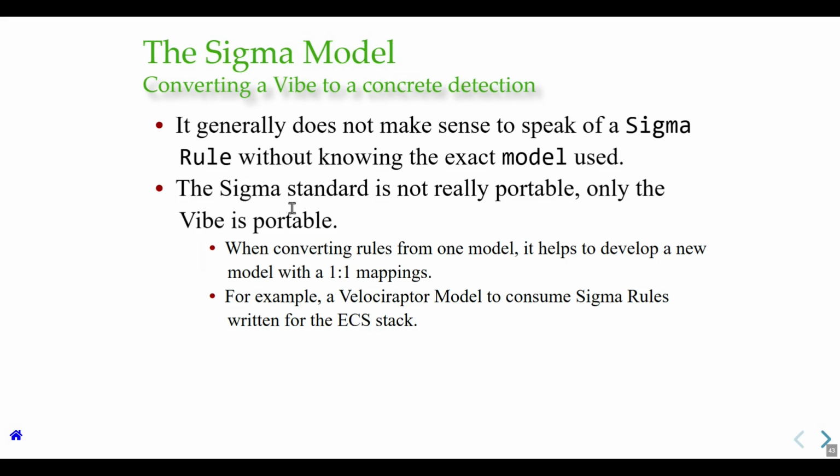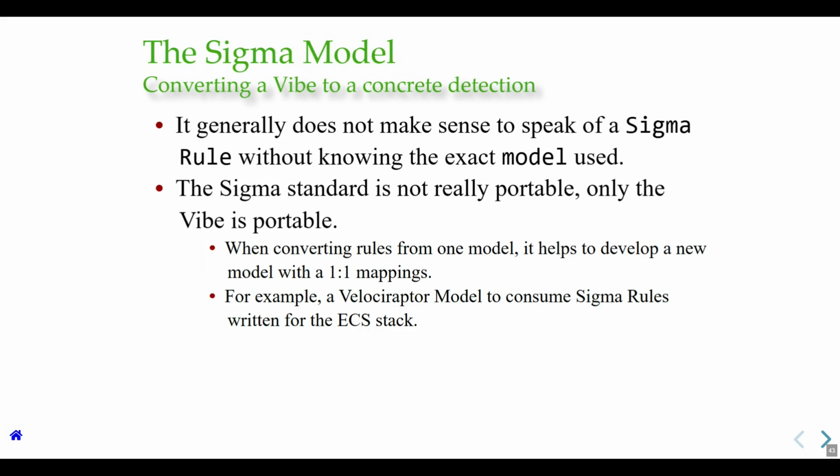Generally you can't really read a Sigma rule without knowing the model that's used to interpret it, knowing the specific compiler that's going to be used, because that determines the type of fields and the type of log sources that are available, because nothing is actually specified in the Sigma standard, right?